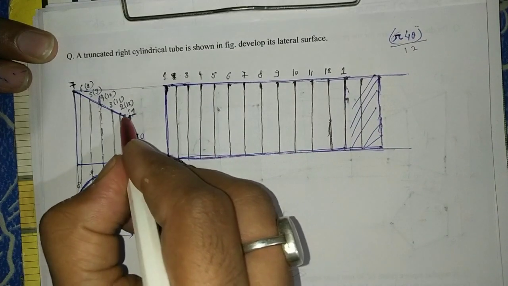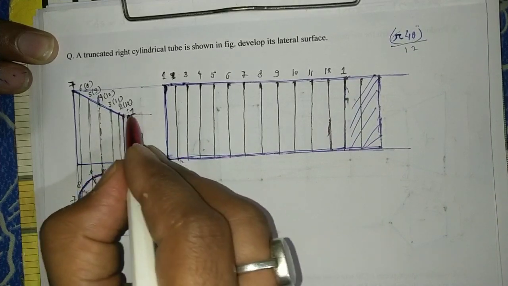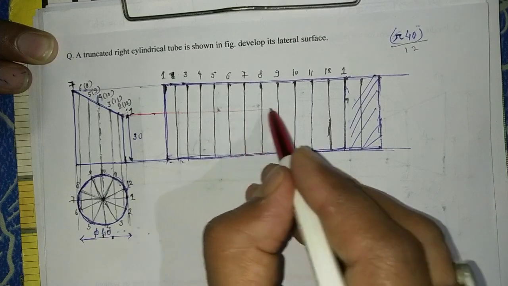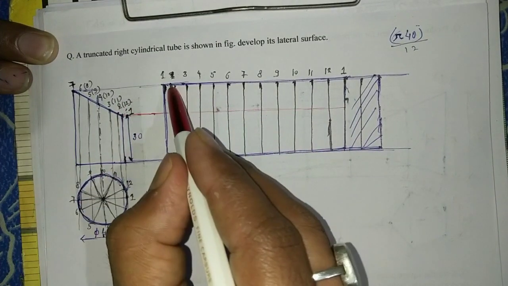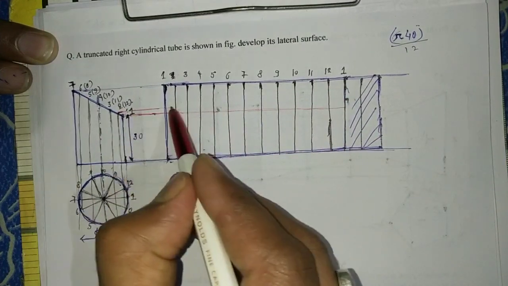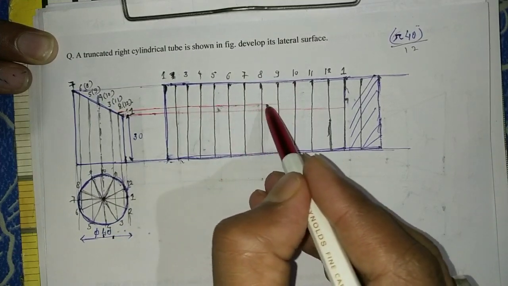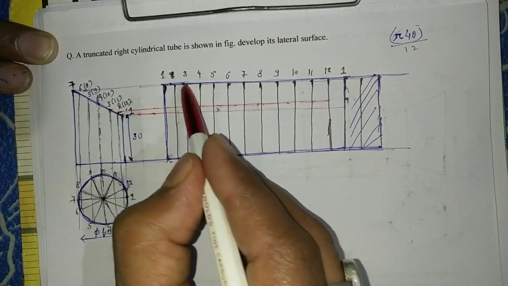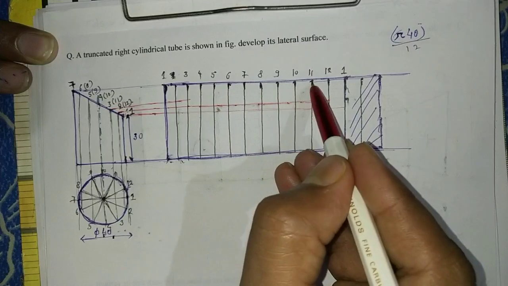Now what we have to do is just project all these points on this lateral development. So one edge is here and one edge is here, so project it on. Similarly 2 and 12, so edge 2 is here, edge 12 is here. Three and 11. So edge 3 is here and 11 is here.